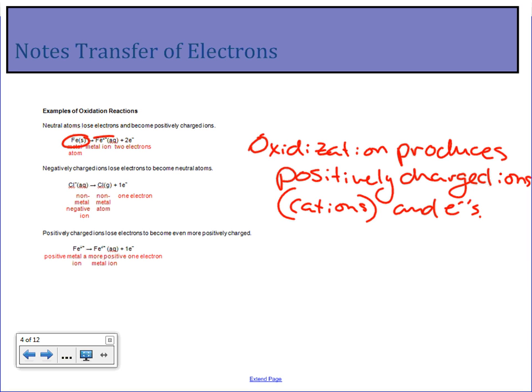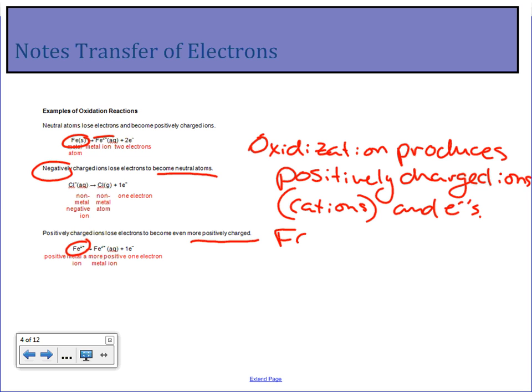Now negatively charged ions lose electrons to become neutral atoms. So again, this is negatively charged ions, okay? Positively charged ions lose electrons to become even more positively charged, okay? So in this case we've got a positive metal ion becoming a more positive metal ion. So oxidation produces positively charged ions, cations, and electrons.